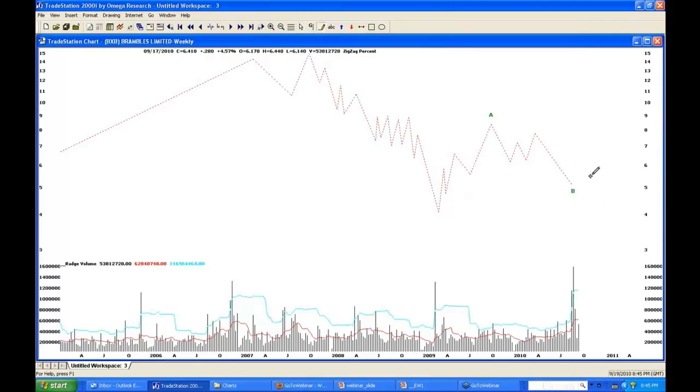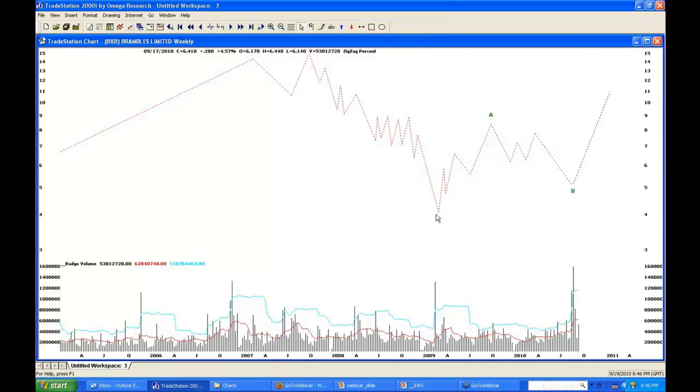So we could almost label that in itself a, this would be a B down here. And then we would anticipate that wave C will start to push higher again. So there's upside potential to be had here, but this choppy overlapping price action suggests it's an ongoing corrective movement rather than a new impulse higher.